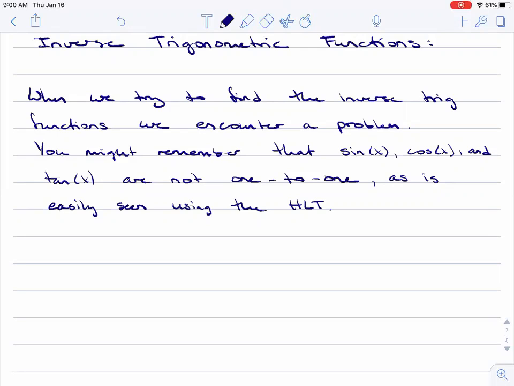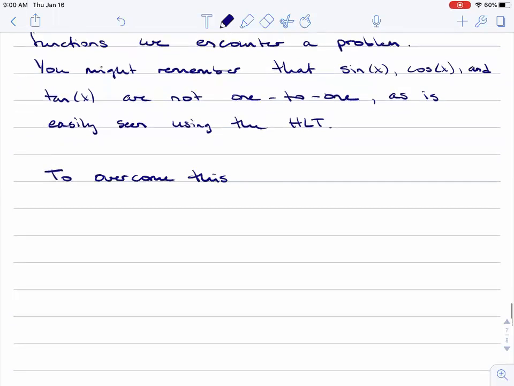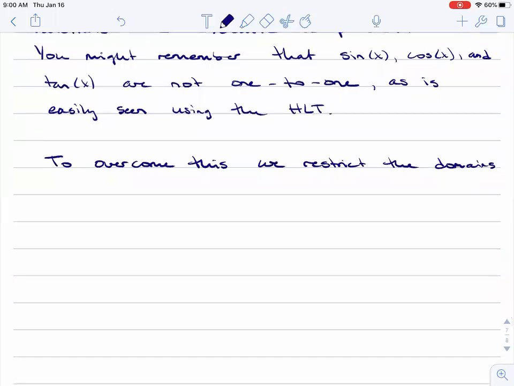Because we know they're not going to be one-to-one. I can hit that curve an infinite number of times. And so to overcome this, we restrict the domains until the function becomes one-to-one.